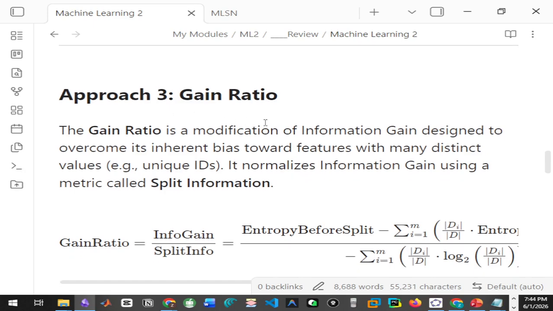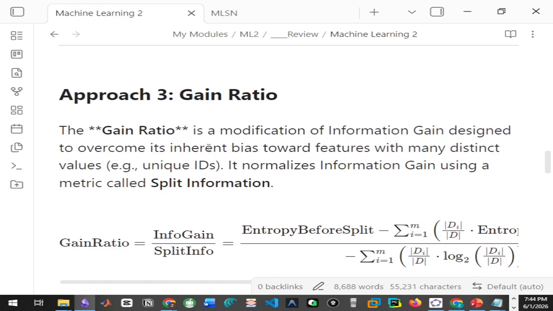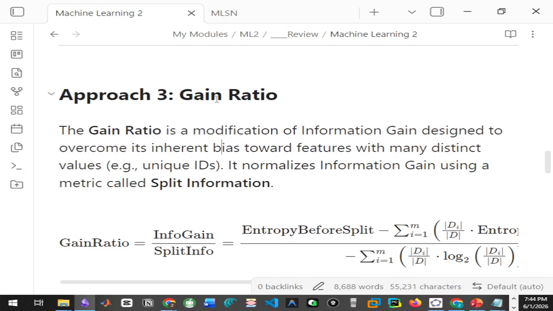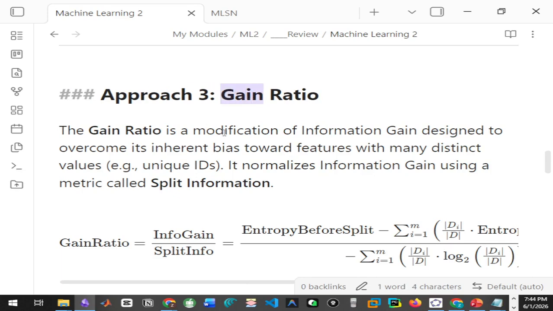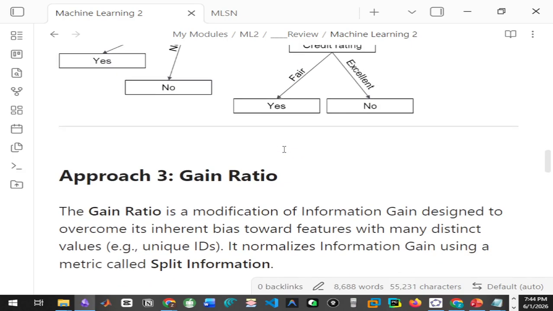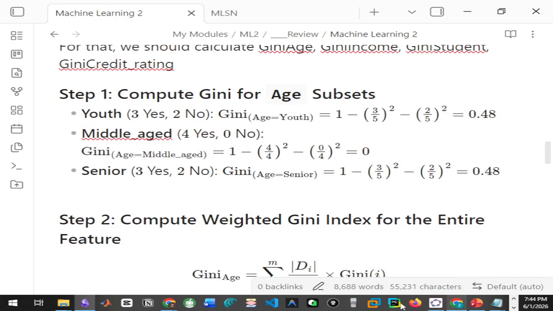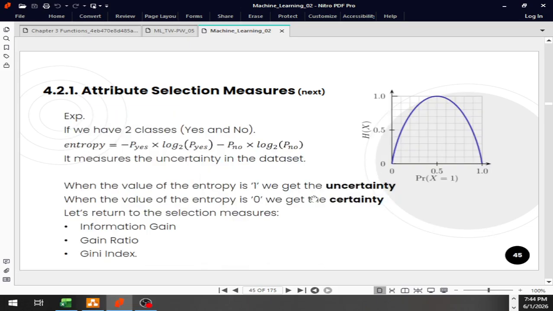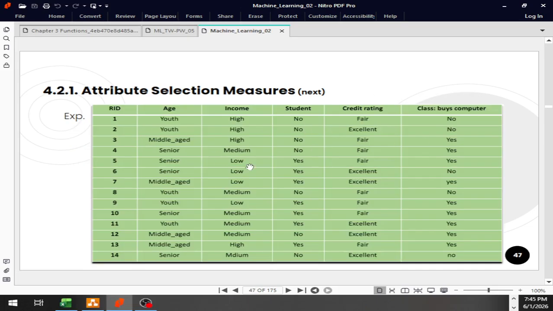The gain ratio, finally, as I said earlier, it's related to information gain. They share the same word here, which is gain. What is very important about this, look, if we go back to our data set and accidentally we use this as a feature, as an attribute for selection, we will end up with pure data sets.